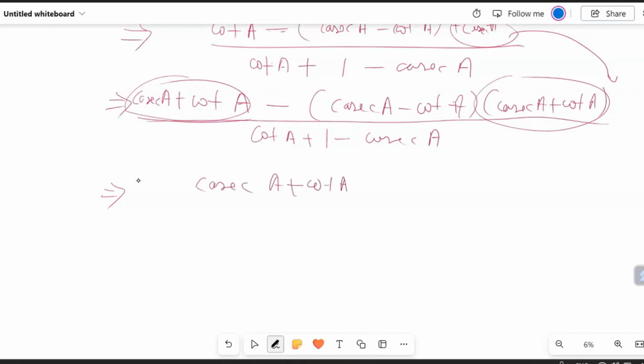When we take out the common, what will remain?